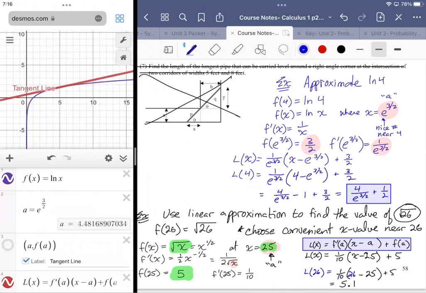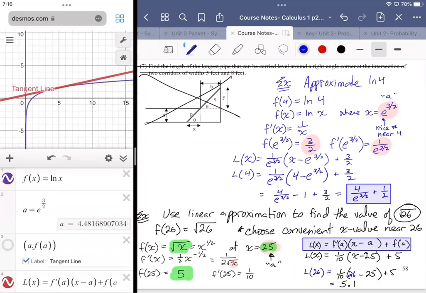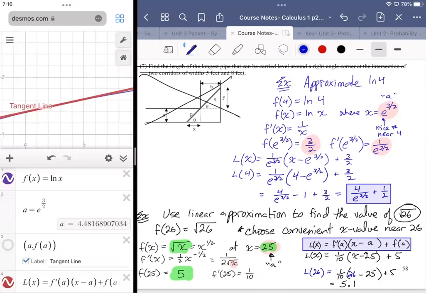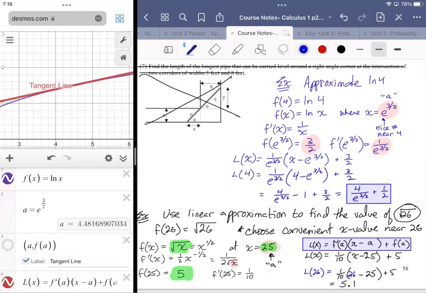That's where my tangent line would be. Around that location, it does look like a pretty good approximation, at least for a pretty good stretch, from about 3.5 to a little bit more than 5. We'd have some values that could be reasonably approximated by the a value that we selected, e to the 3/2.